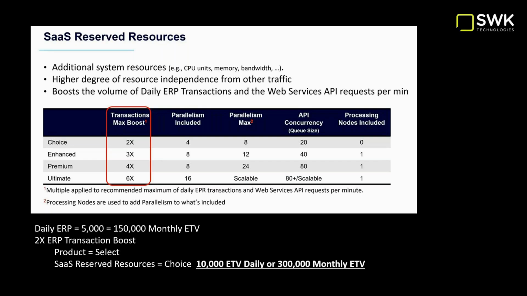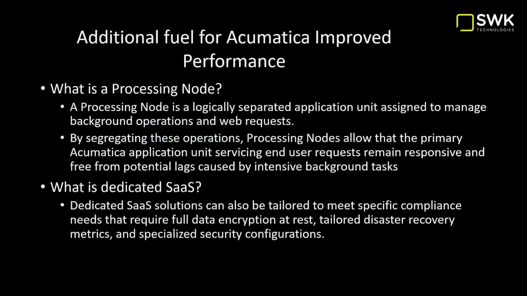And when that queue spills over, people at the end of the line can get delayed. Now they're going to get through eventually, but they're just going to be delayed. So we can improve the concurrency with reserved resources as well. Keep in mind, this is all milliseconds, but it makes a big difference because things are always concurrently happening in the system.